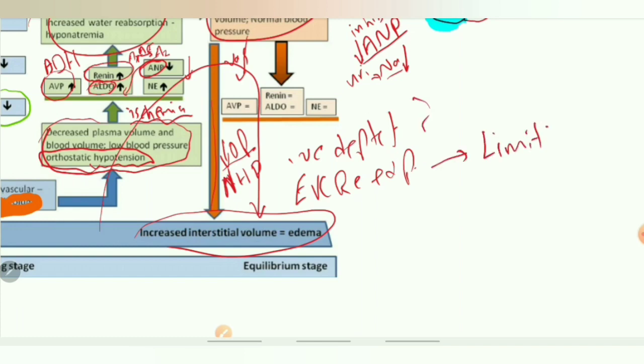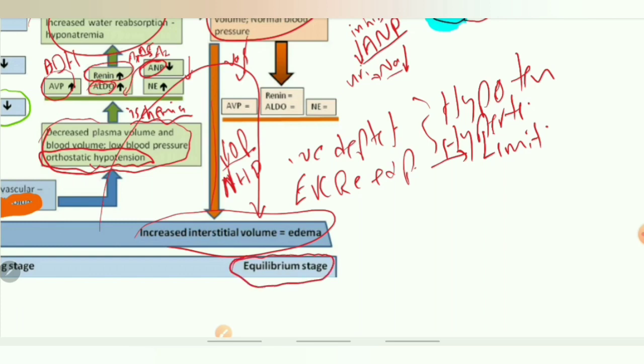So by this explanation we get underfill theory and hypotension, while we have seen patients who got hypertension and nephrosis. What and why? The explanation is that there is a time when we reach equilibrium.